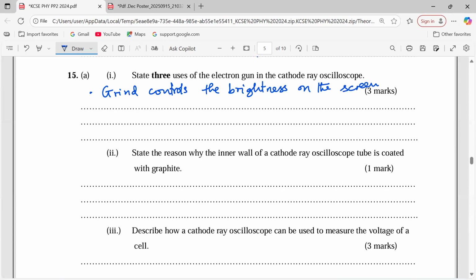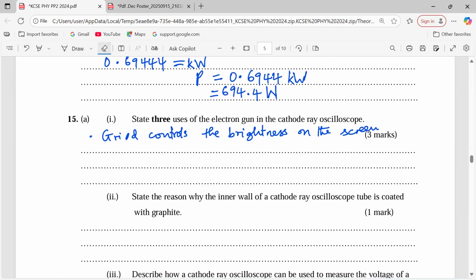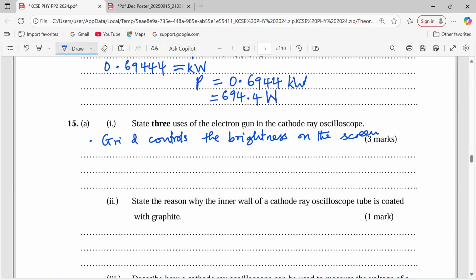When the grid is made more negative, or rather less positive, we have less brightness. When it is made less negative, which is more positive, a lot of electrons will be attracted, and hence a brighter spot will be observed at the screen. Therefore, the electron gun, which has a grid, that's how we write the grid, not grind, controls the brightness at the screen.